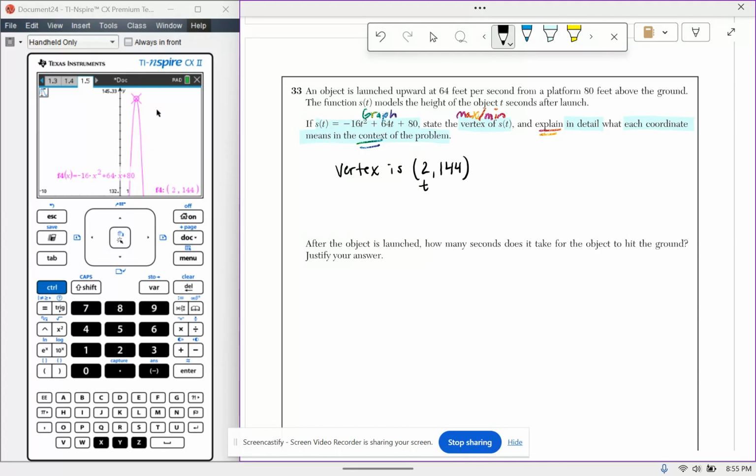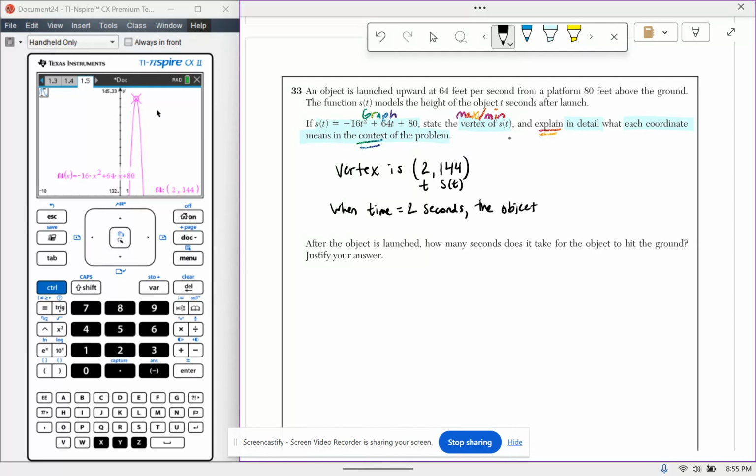So this is a t, and this is an s of t. So when time, what is time being measured in? Seconds. When time equals 2 seconds, what are we launching here? Oh, just an object.